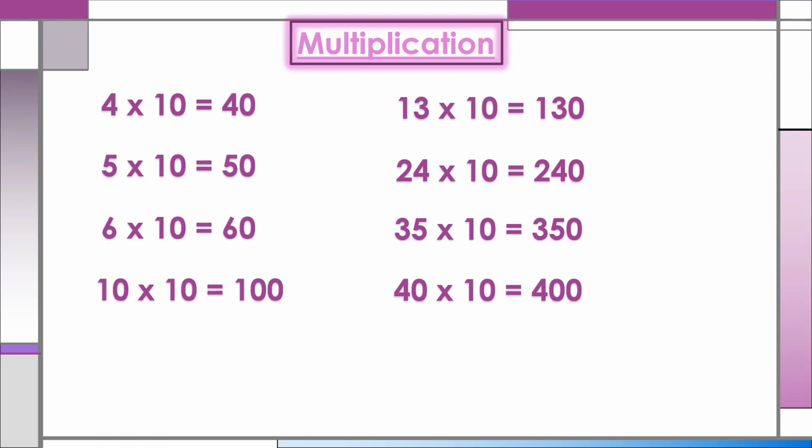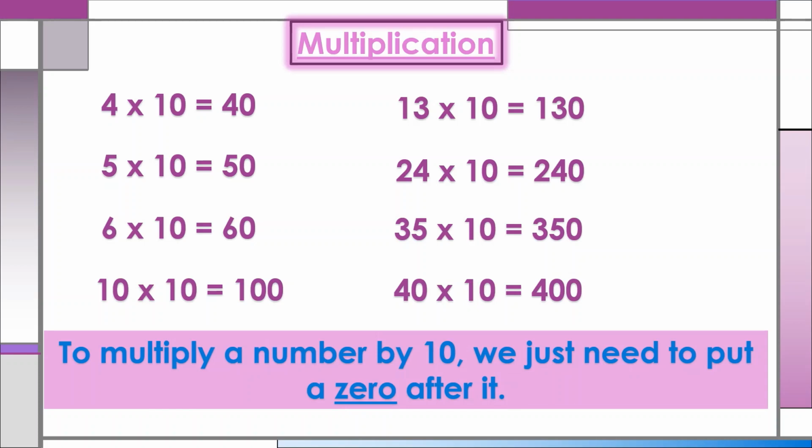In all these examples, we see that to multiply the number by 10, we have just added 0 after that number. To multiply a number by 10, we just need to put a 0 after it.